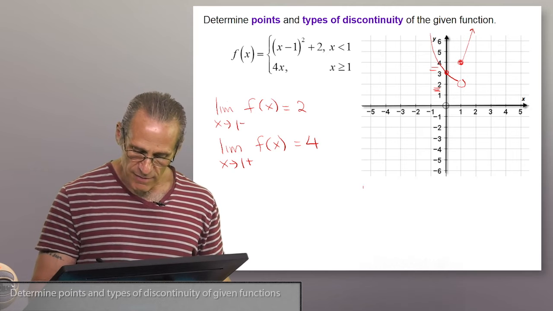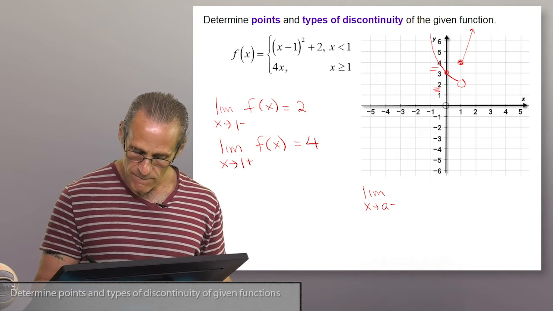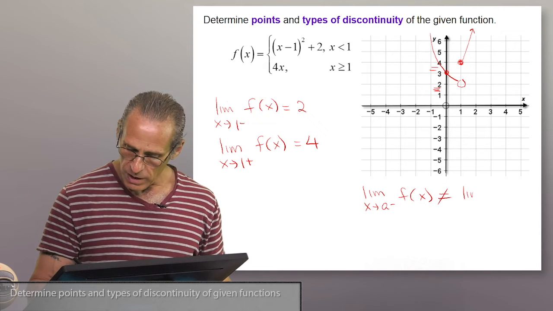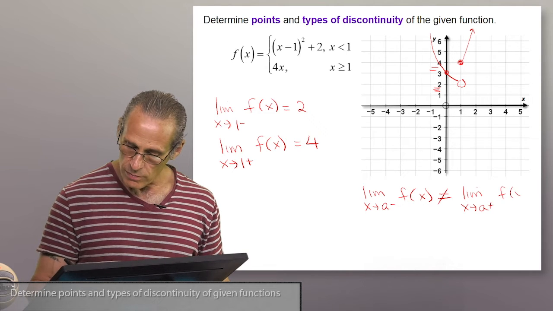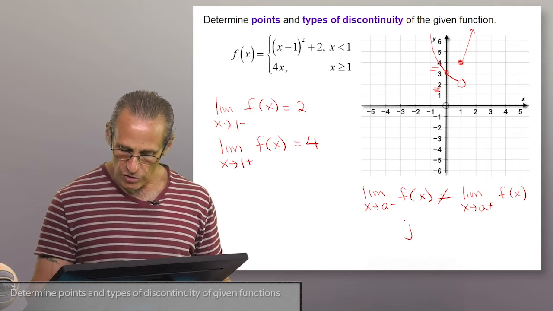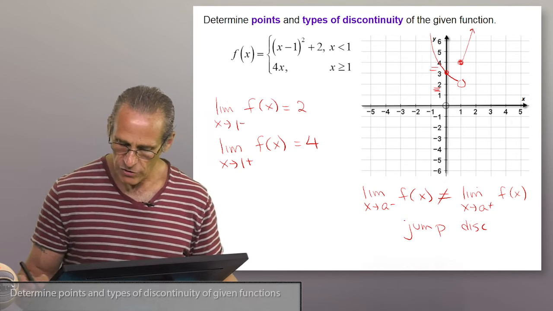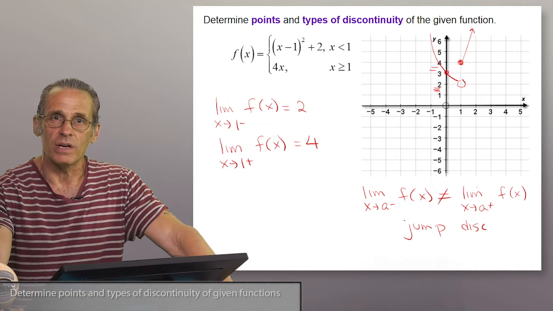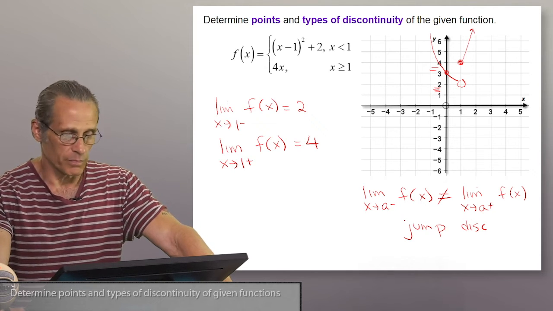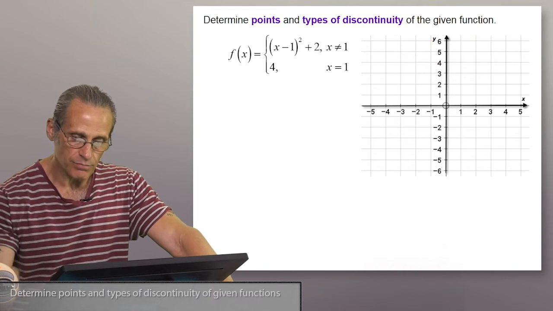So when the limit as I approach from the left exists, but is not equal to the limit as I approach from the right, this type of discontinuity is called a jump discontinuity. Because students remember, to get from one branch to the other at that point of discontinuity, you kind of have to jump over to it. So we have a jump discontinuity at x equals a.